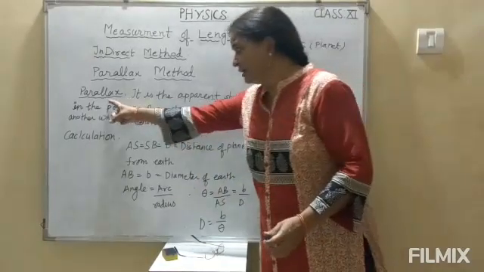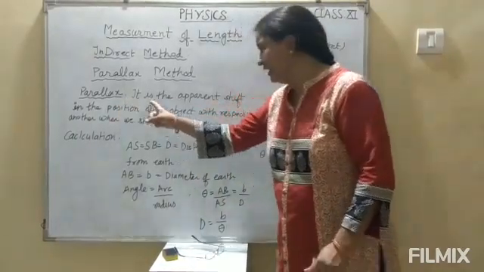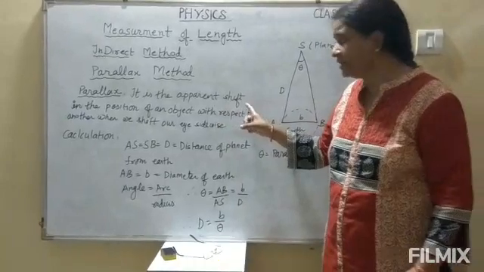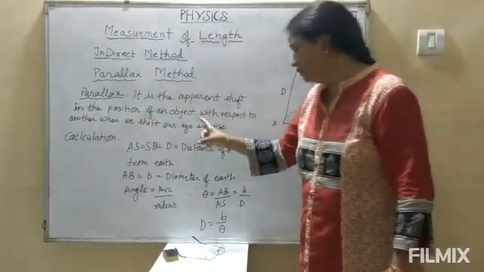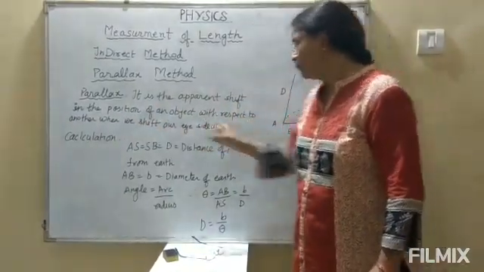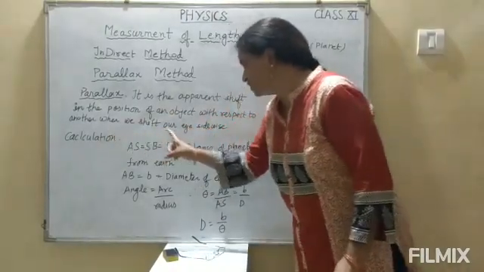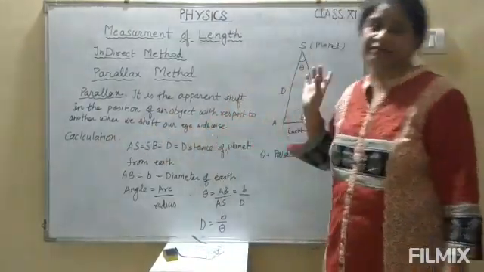So the definition of parallax is the apparent shift in the position of an object with respect to another when we shift our eyes sidewise.